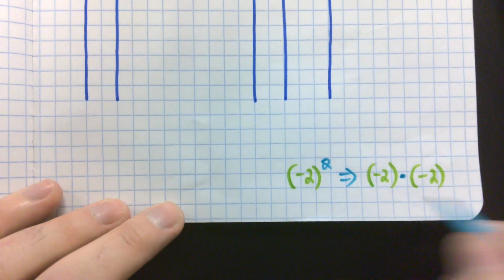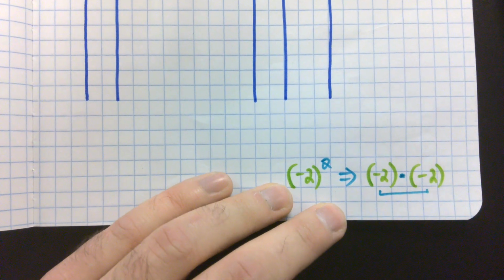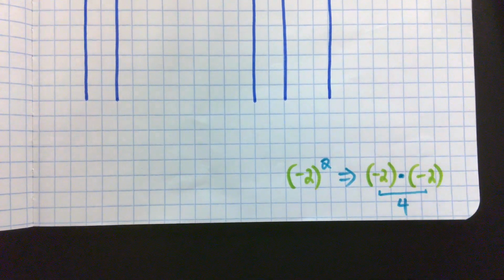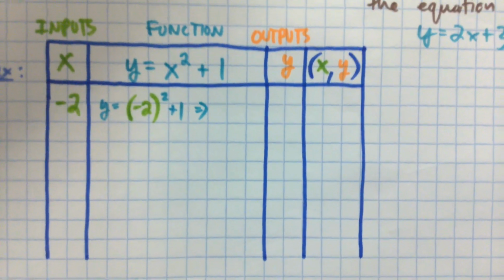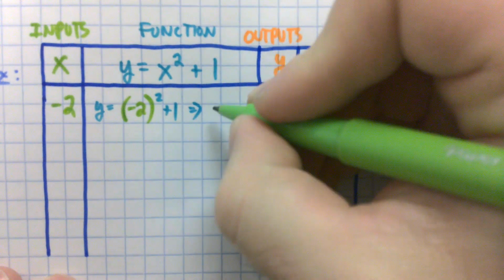Rewrite that, you don't have to if you understand it. What is negative 2 times negative 2? Positive 4, because a negative times a negative always gives us what? A positive, okay? So negative 2 squared gives me 4.